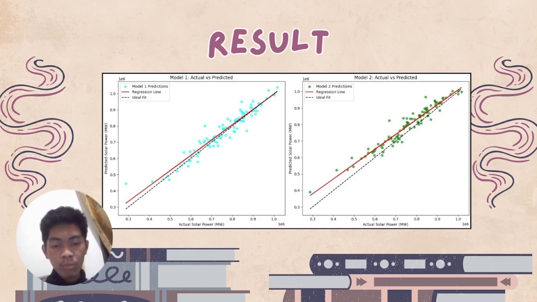Comparing with the error analysis, the errors from Model 1 are more stable but significant at extreme values, as we can see at the outliers, while Model 2's errors are more variable, indicating overfitting and sensitivity to noise.